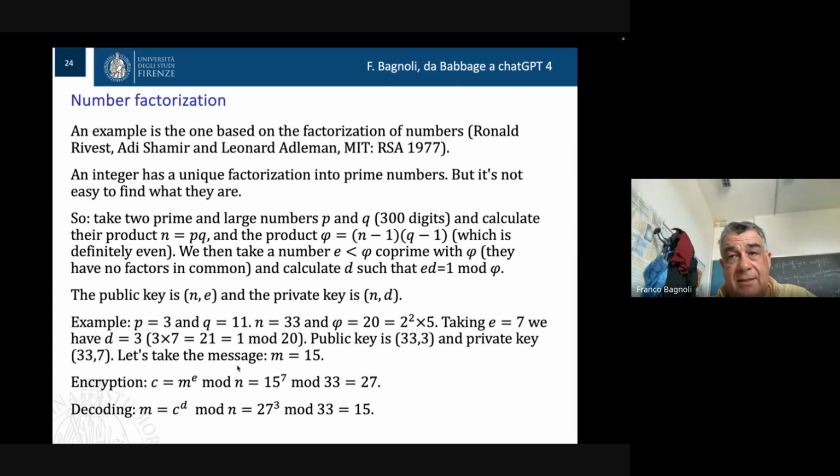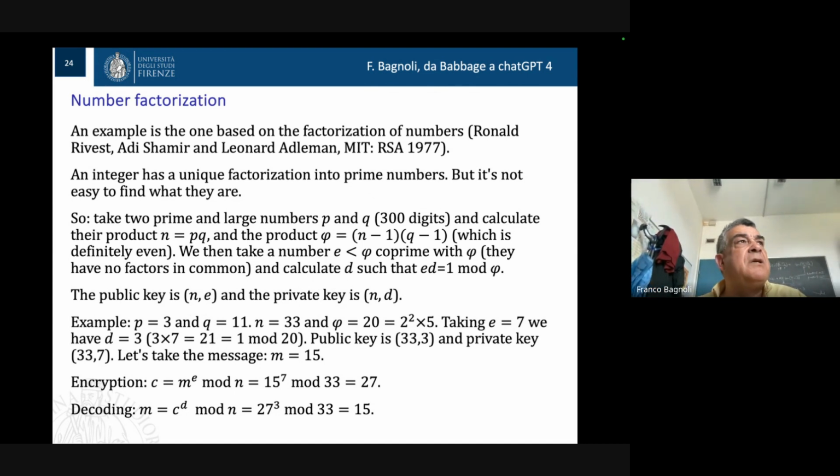It involves the Chinese remainder theorem and Fermat's little theorem, and others that I don't remember. So there are essentially ways of coding a system using two large prime numbers.